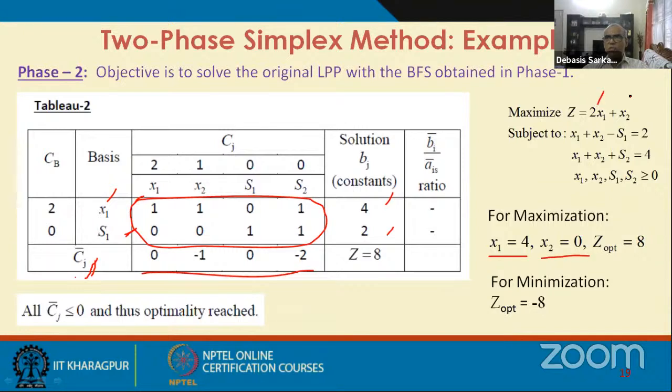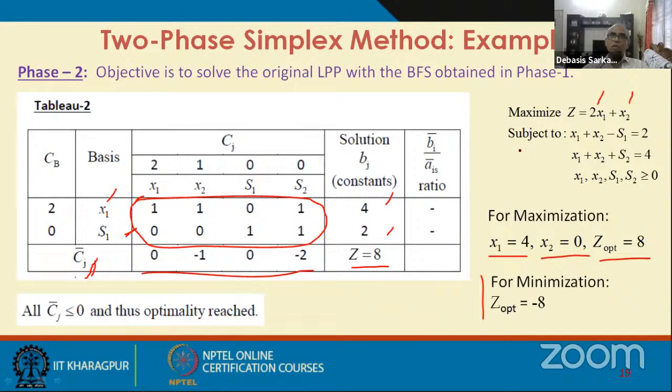So 2x1 plus x2, that is 2 into 4 plus 0, so 8 is the optimal solution. This is for the maximization problem. So for the minimization problem, it will be minus 8. The same x1 equal to 4 and x2 equal to 0 will be the solution. But the objective function will be minus 2x1, right? So it will be minus 8.